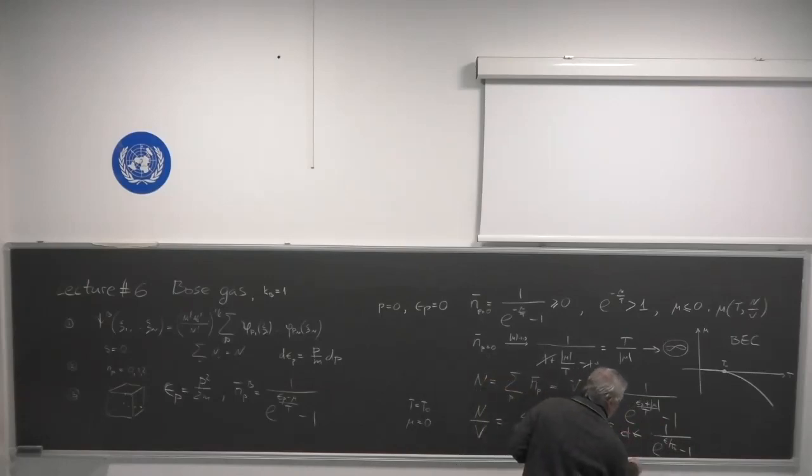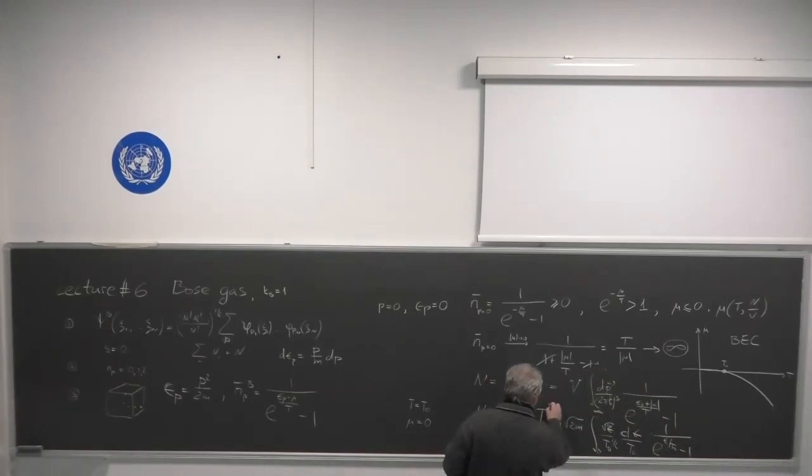The next step, I need to make my integral dimensionless. Therefore, I will divide by T node, and here divide by T node to the power 1/2. So epsilon over T node is going to be the dimensionless variable, and then I'm going to multiply by T node to the power 3/2.